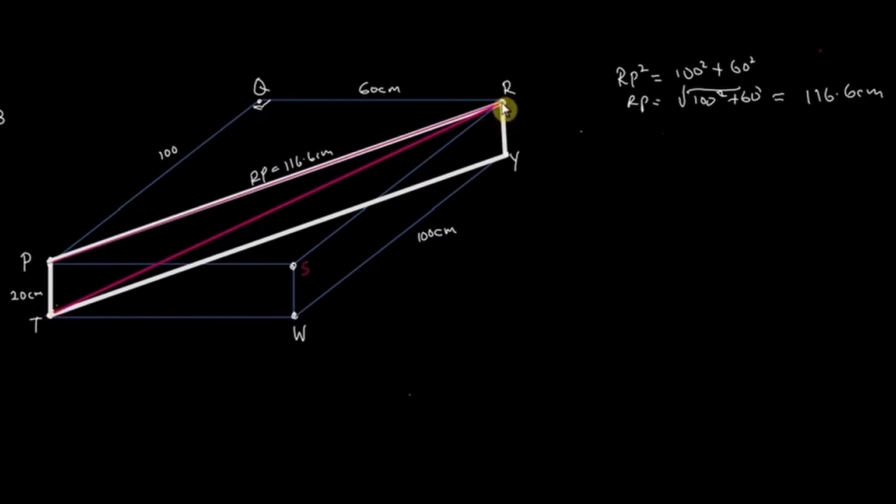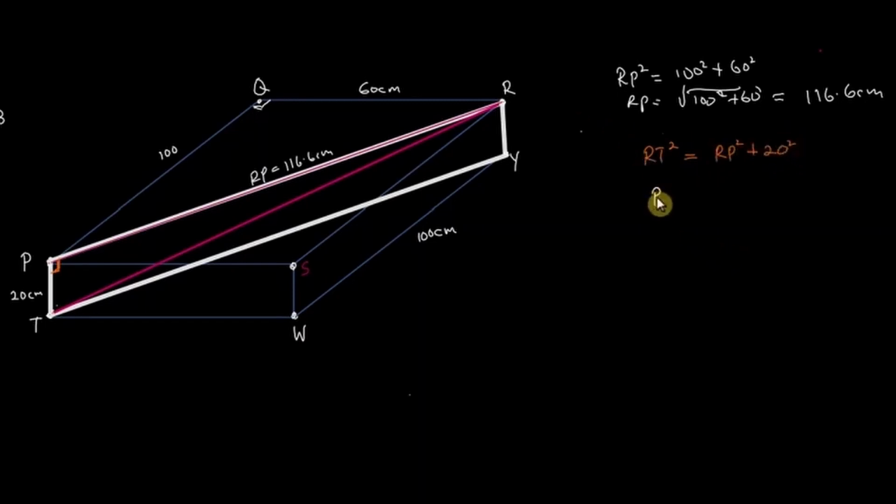That is essentially just the hypotenuse of another right-angled triangle, because this face would represent right angles, and therefore RP, what we just found, would now be the length, 20 would be the height, and RT would now be the new hypotenuse. So RT squared would now be equal to RP squared plus 20 squared, using Pythagoras again.